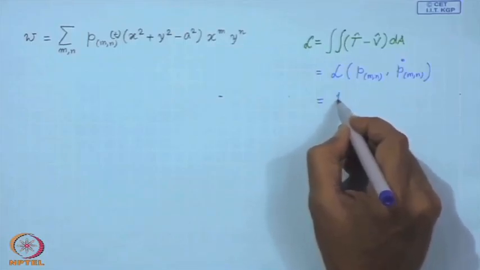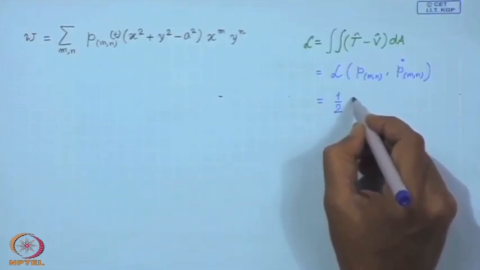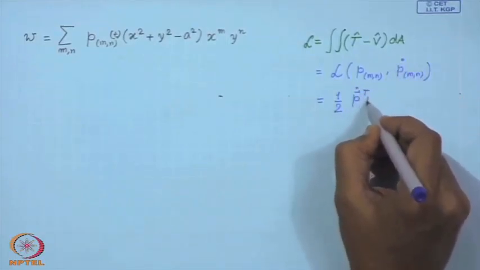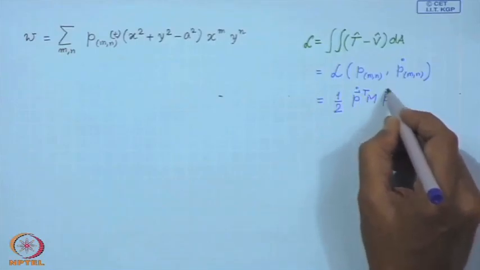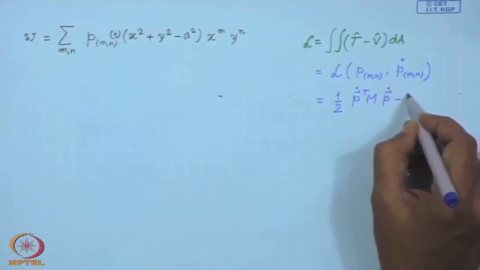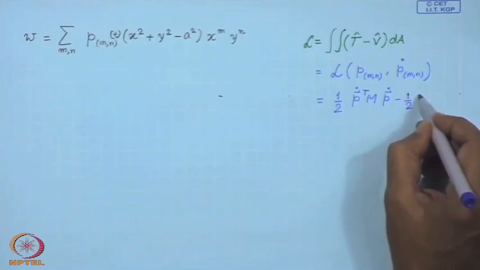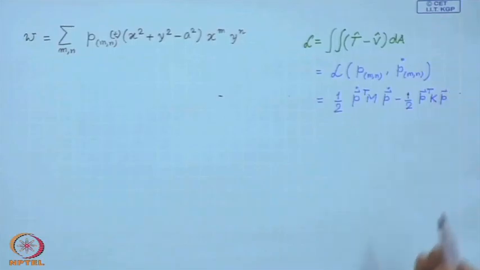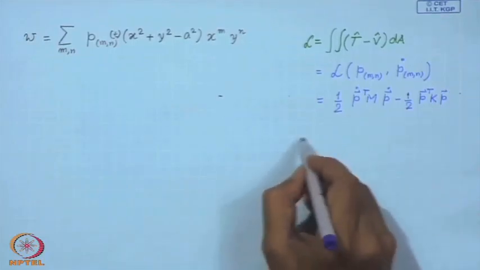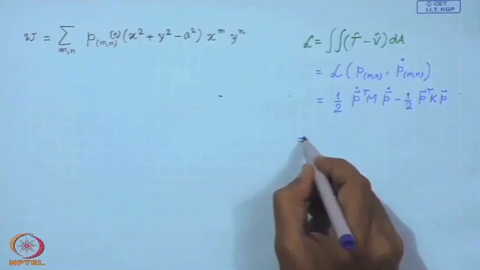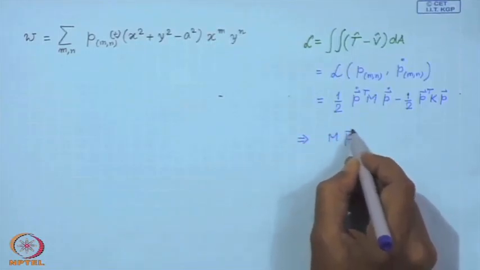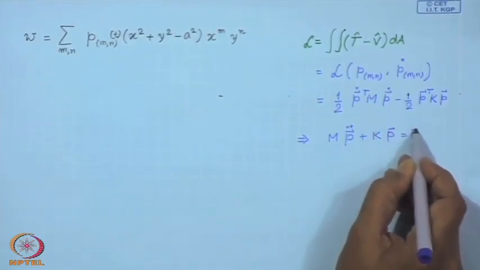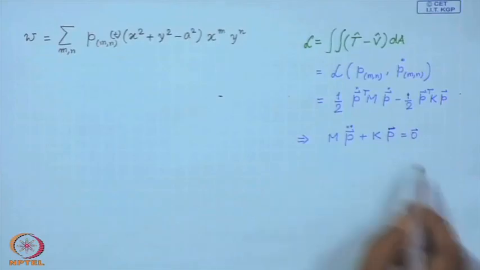So, this Lagrangian will have this structure, and the equation of motion will follow. That is straightforward.